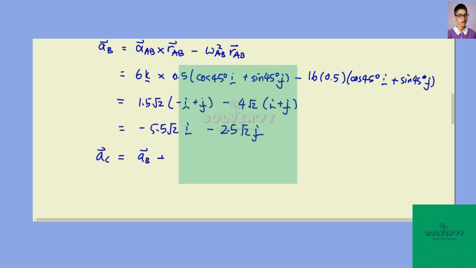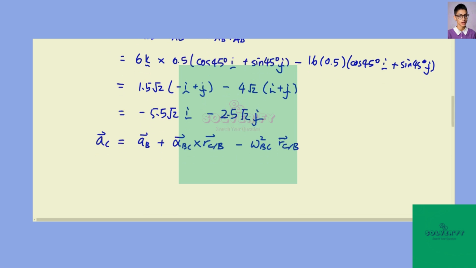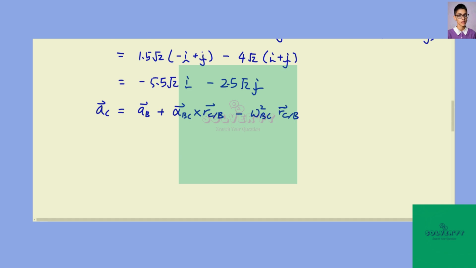This is the equation we'll be using: AC equals AB plus alpha BC cross RC relative to B minus omega BC squared RC relative to B. We are not sure which direction the acceleration points, we just know that it is in the horizontal direction.